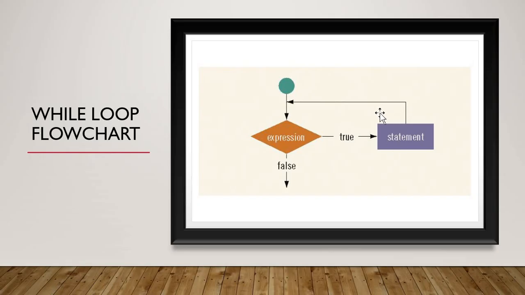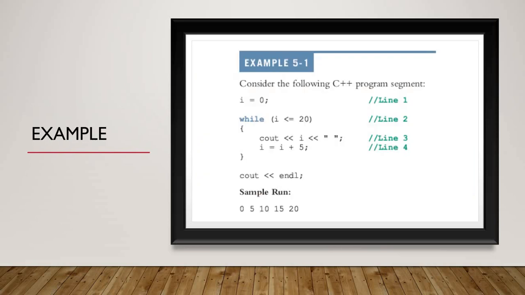After the statement is executed, it goes back, maybe we have some update statement, and then goes back to the expression and checks the loop control variable expression again. If the expression is false, it will skip the statement.